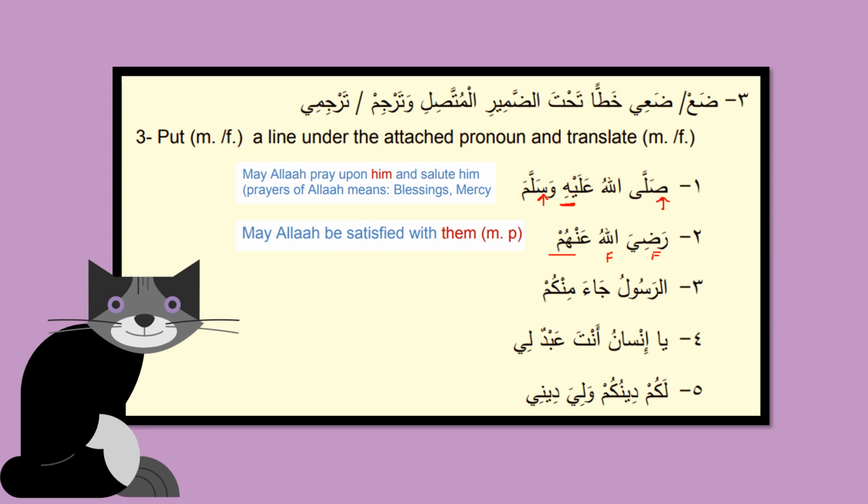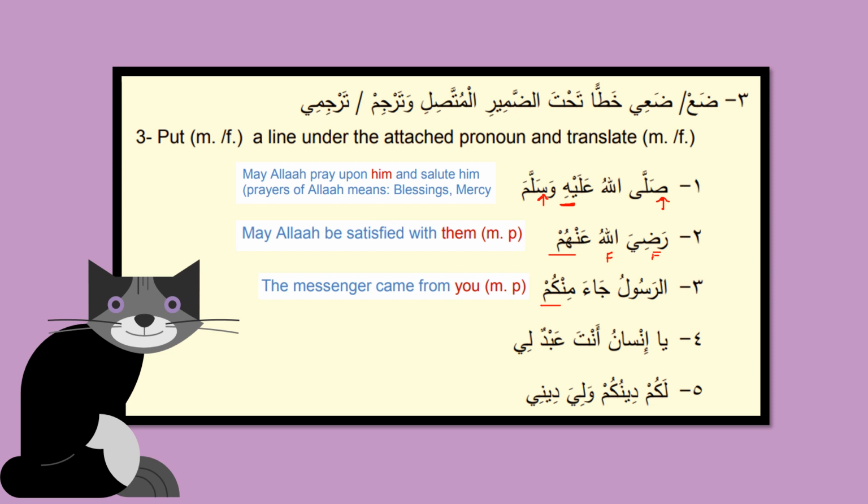It may happen. So ar-rasulu ja'a minkum. So there is our attached pronoun with harf jar min. So the translation will be, the messenger came from you, among you all.